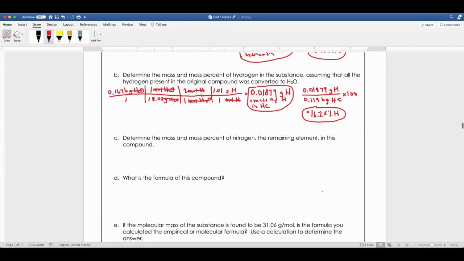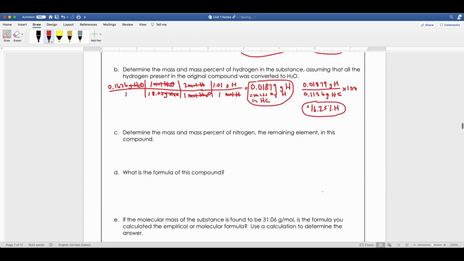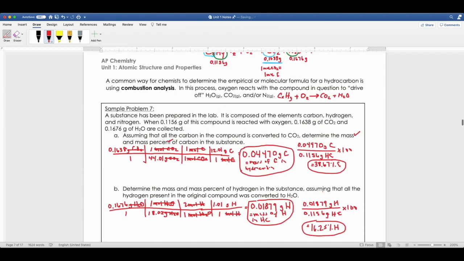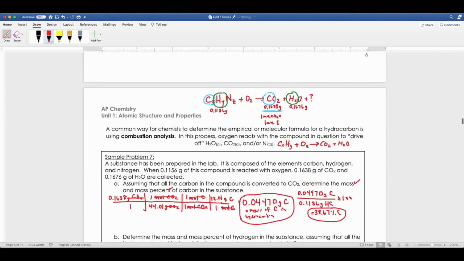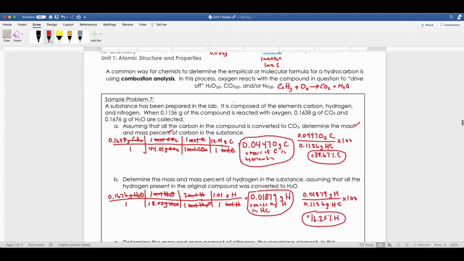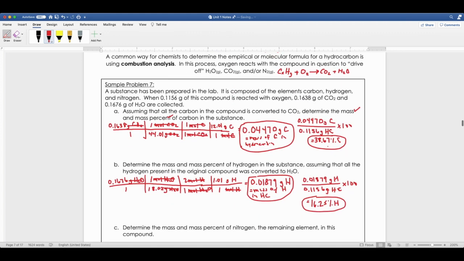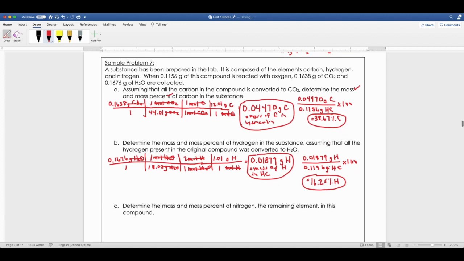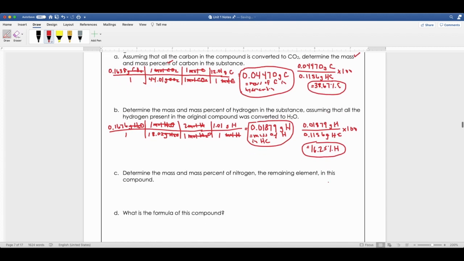Determine the mass and mass percent of nitrogen, the remaining element in this compound. We know that this compound contains 3 elements. It contains carbon, it contains hydrogen, and it contains nitrogen. I already have the percentage of carbon, and I have the percentage of hydrogen. So I know that the total percents have to equal 100. So I'm going to go ahead and just do a little subtraction. 100% is the total.